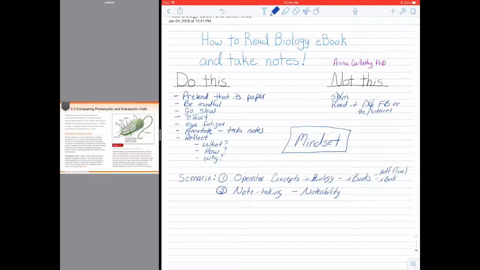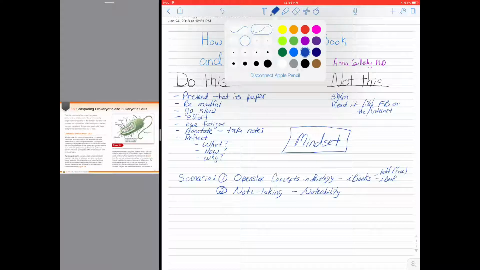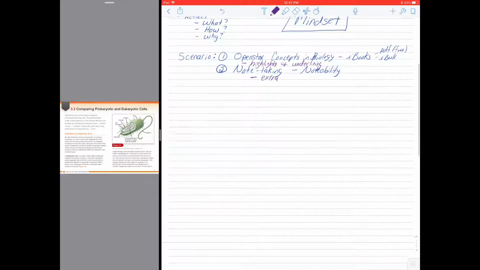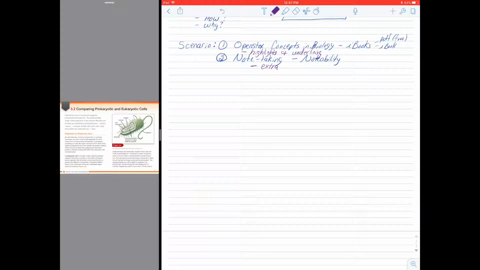But what I want to do is, as I'm going along, annotate by doing highlights and underlining or circling, depending on what kind of app you're using, within the book that I'm using. And then I want to be writing extra notes in another app or on a piece of paper. So I'm going to continue doing that right on this page, and I'm going to scroll this up, and I'm going to change my screen.